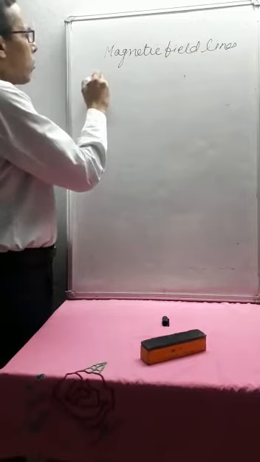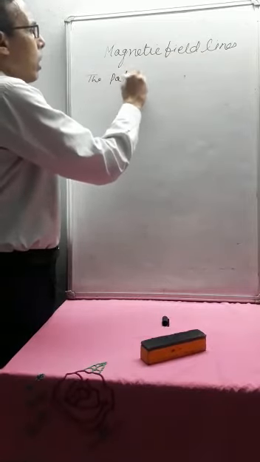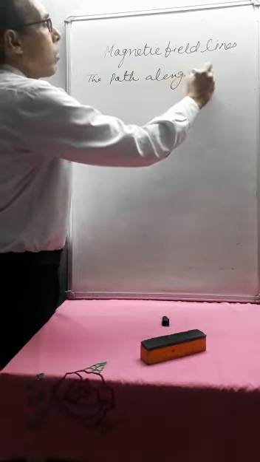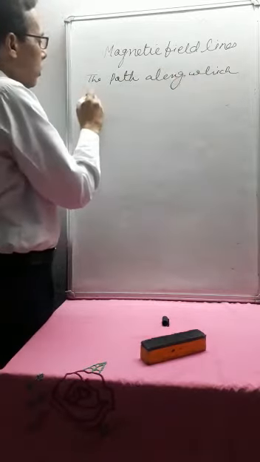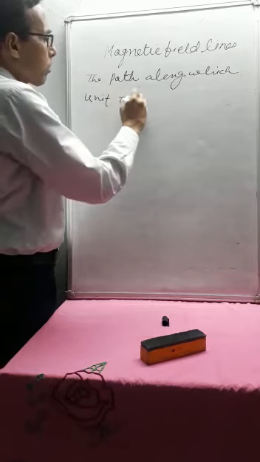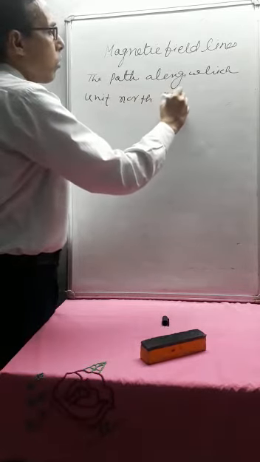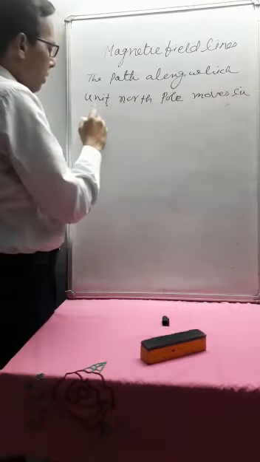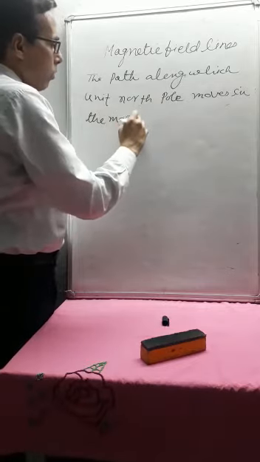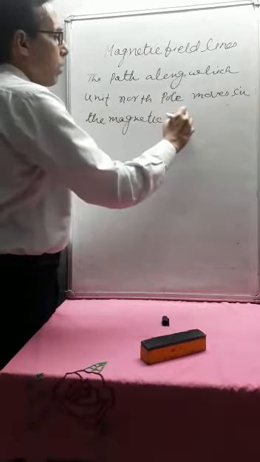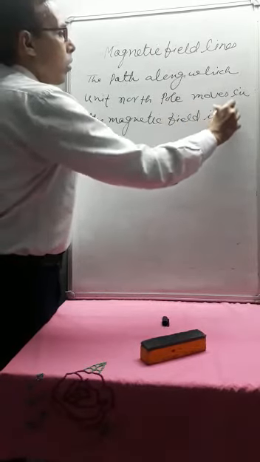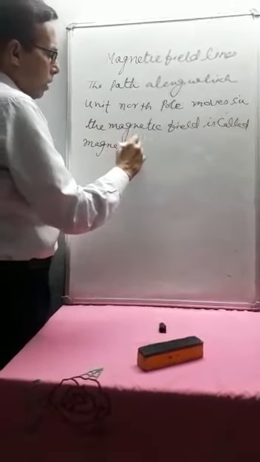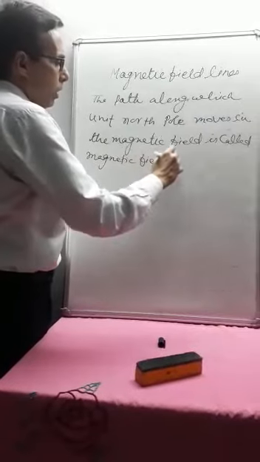The path along which unit north pole moves in the magnetic field is called magnetic field line.